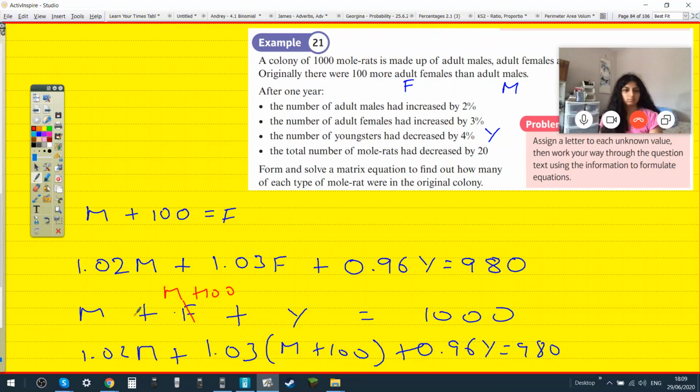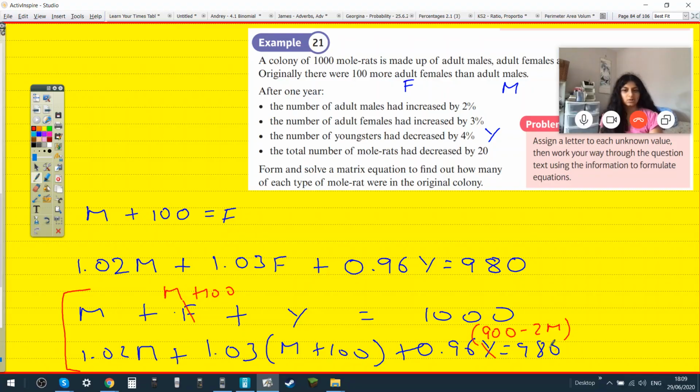And then plus y is equal to 1,000. And so what would y be equal to? 900 minus 2m. And that way you just have everything in m.